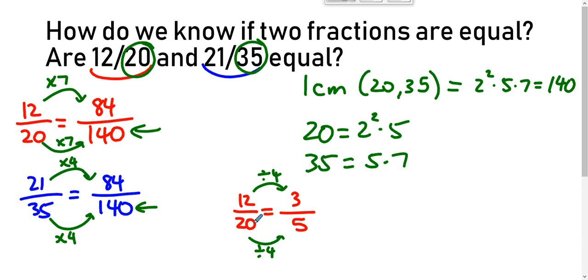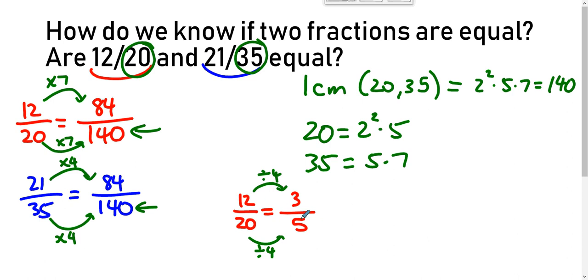It takes 4 times as many 1/20ths to equal 1/5. So it takes 4 times as many of these to equal one of those. So it would take 12 little pieces to equal 3 big pieces.